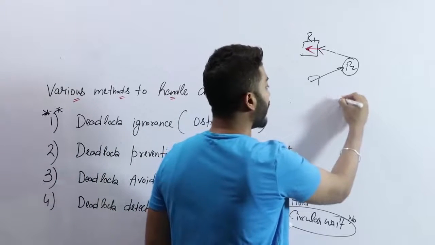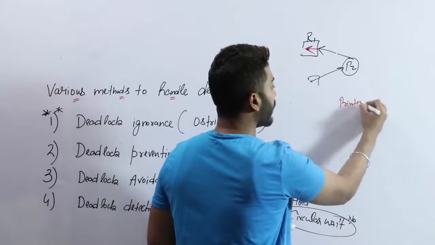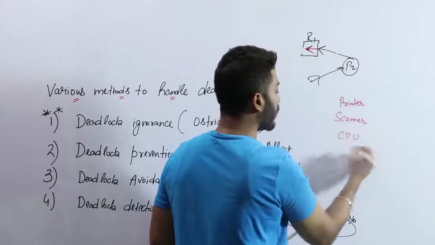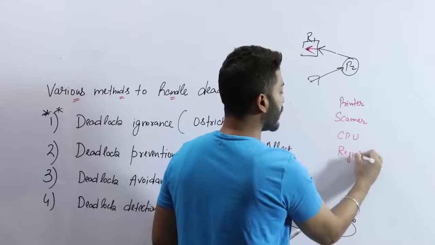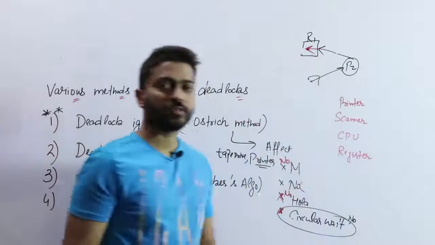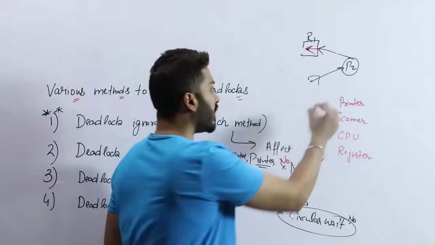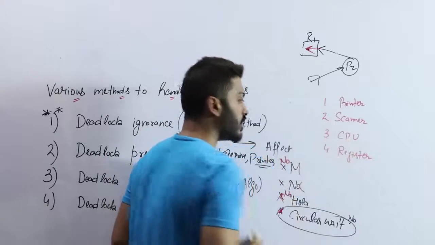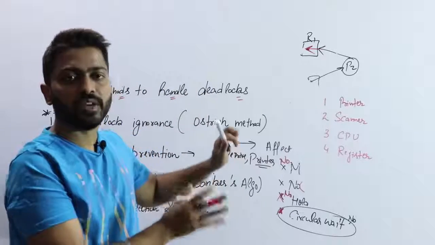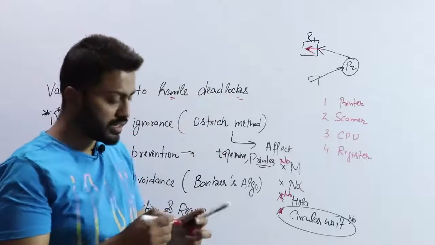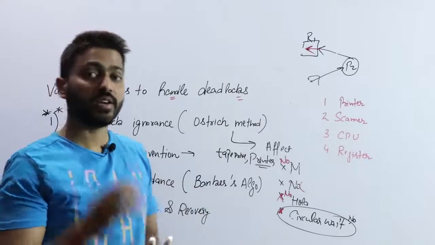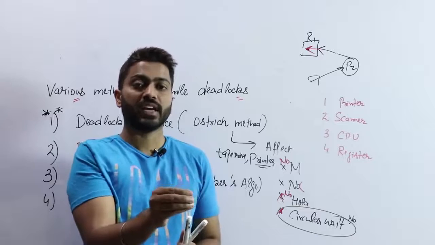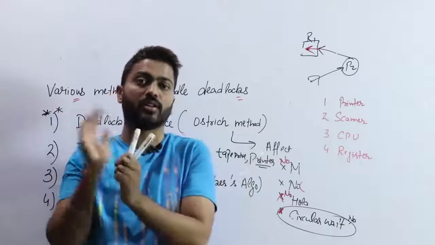Let's say I have printer, scanner, CPU, register, various resources. We give numbering, simply to all the resources. And the condition is that whenever a process requests a resource, it will request in increasing order.